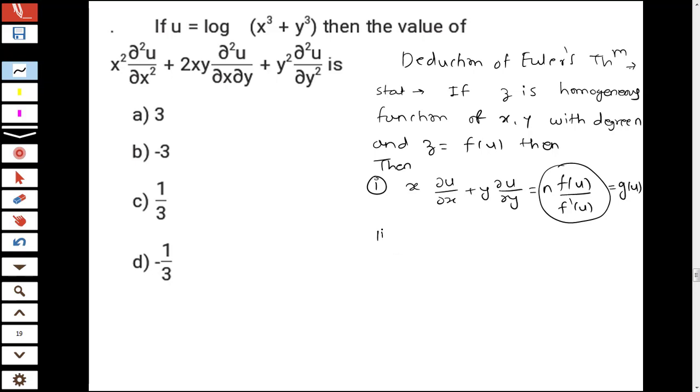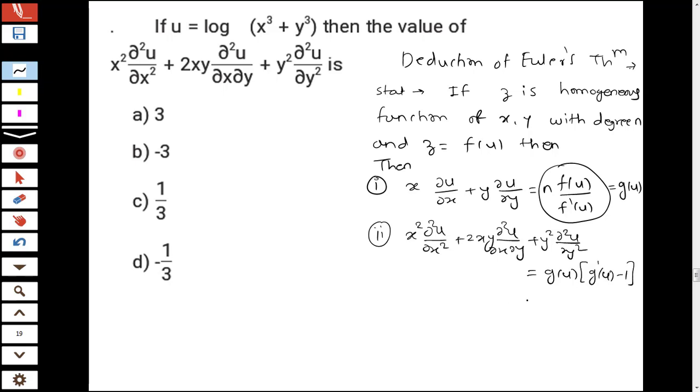And the second result we have: x square del square u by del x square plus 2xy del square u by del x del y plus y square del square u by del y square is equal to g of u into bracket g dash of u minus 1. So here in this example, u is given as log of x cube plus y cube.